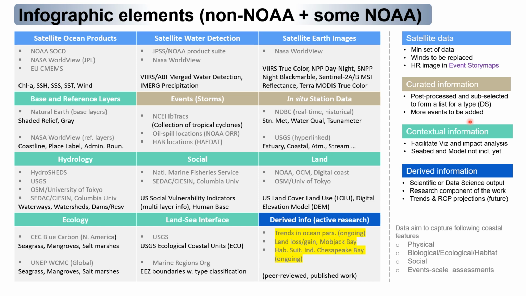These data complement satellite data. In deep blue, we have higher order information based on research, either in-house generated or available publicly as reviewed publications. These include ocean parameter trends and coastal land loss gain rates. We'll see a few examples from this block.